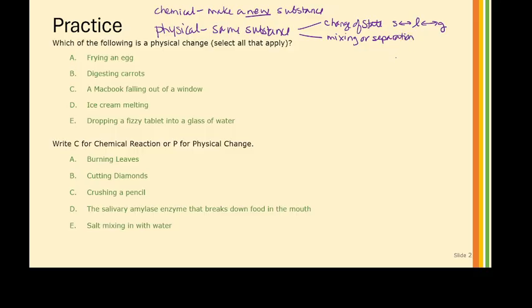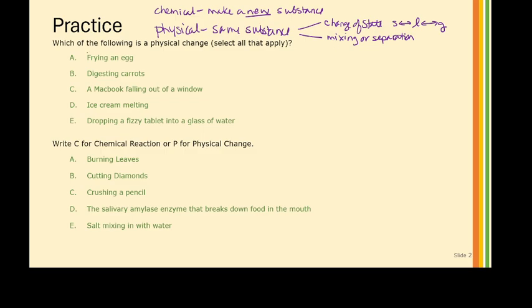So if I'm mixing blue and red and I get something purple, although it looks drastically different, the purple is made up of red and blue. It's still the red and blue things, but they're mixed together. So mixing and separating can be tricky to look at because it appears very different. It appears like it might be a new substance, and yet upon closer look, it is the same substance.